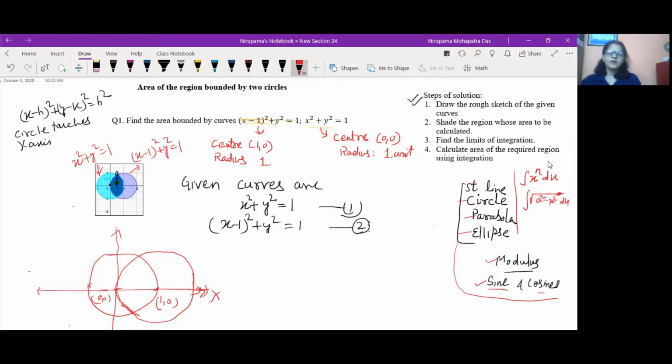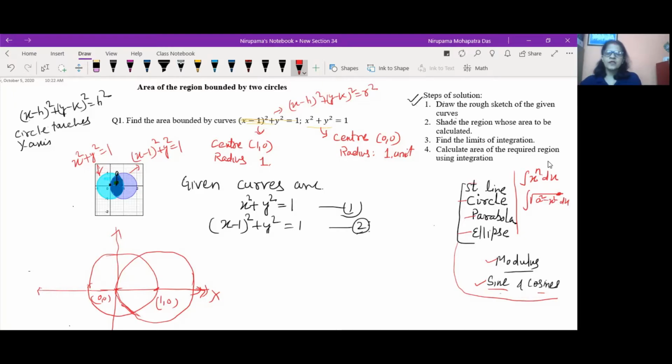For example, whenever we are given (x minus 1) whole square plus y square equal to 1, and x square plus y square equal to 1, these are two circles. We can identify them easily because the first is in the form (x minus h) whole square plus (y minus k) whole square equal to r square, so the center is at (1, 0) and the radius is 1 unit.